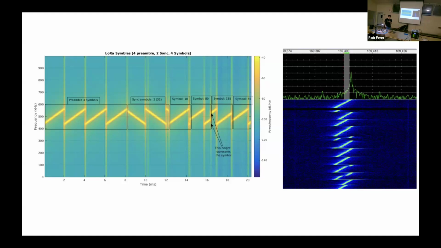Also for Meshtastic, you could technically configure all this stuff, like how fast it transmits. It could send stuff really, really slow. And if you send stuff really, really slow, it takes up more bandwidth.